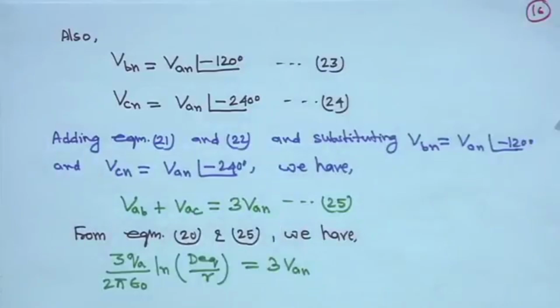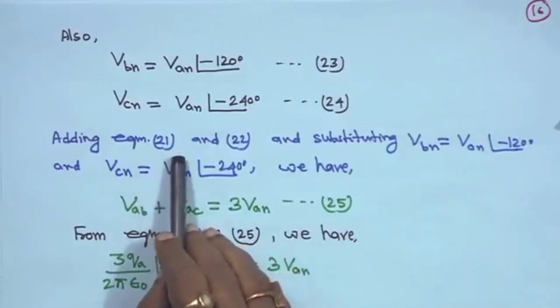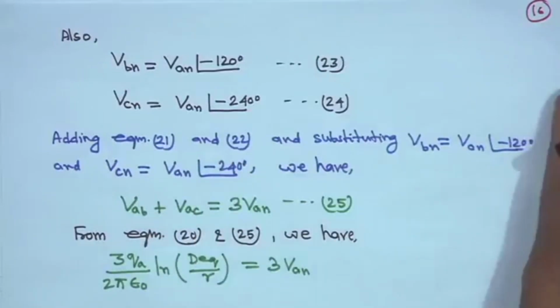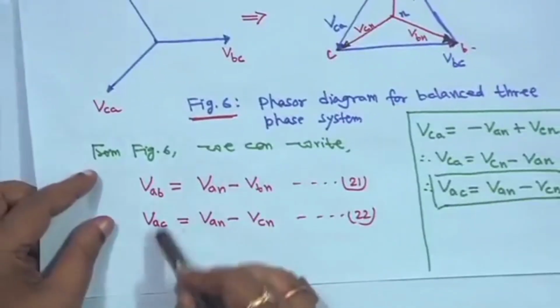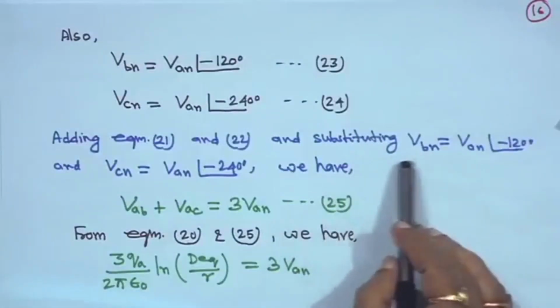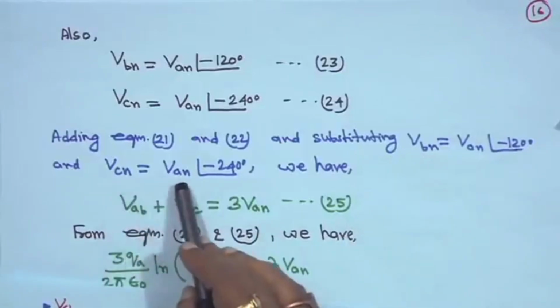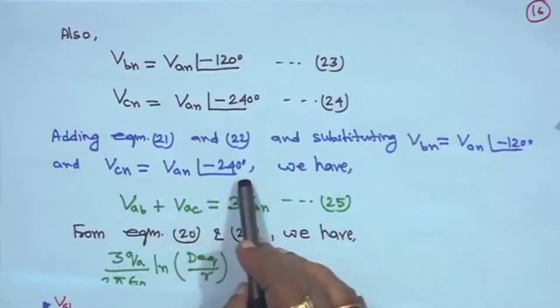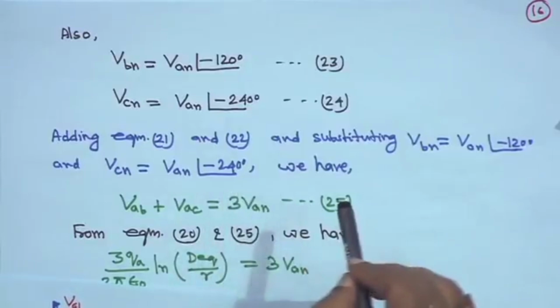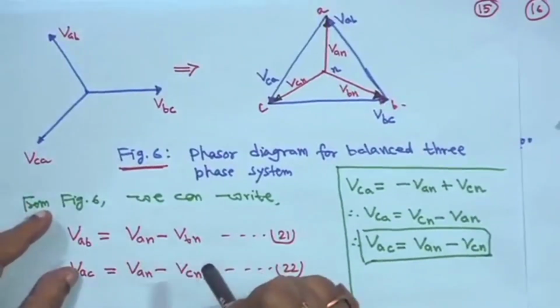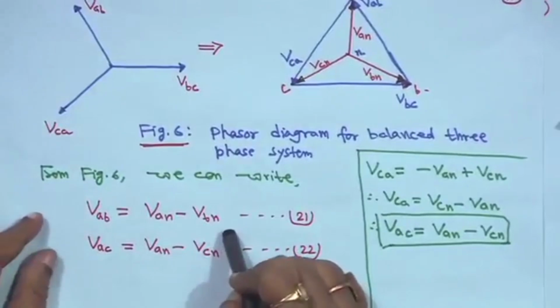Therefore, adding equations 21 and 22, these two equations you add, V_ab plus V_ac, and substituting V_bn equal to V_an angle minus 120 degrees and V_cn equal to V_an angle minus 240 degrees, you substitute and simplify, this is your job.